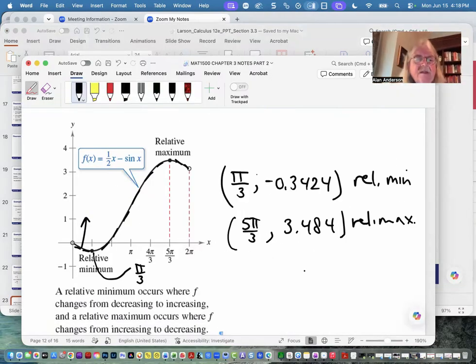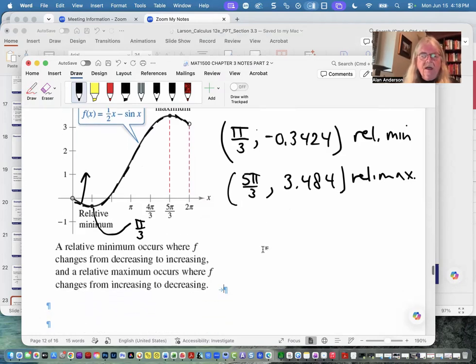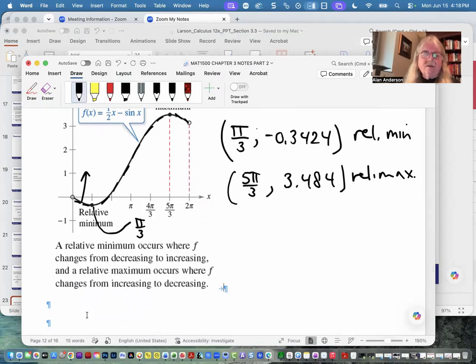But if you could check yourself, if you just pick a random term inside one of those intervals, then you calculate the first derivative, you would see that the first derivative goes from negative to positive and positive to negative. So that's how we can identify them even without this graph. I thought they should have at least shown us their calculations. I mean, really.